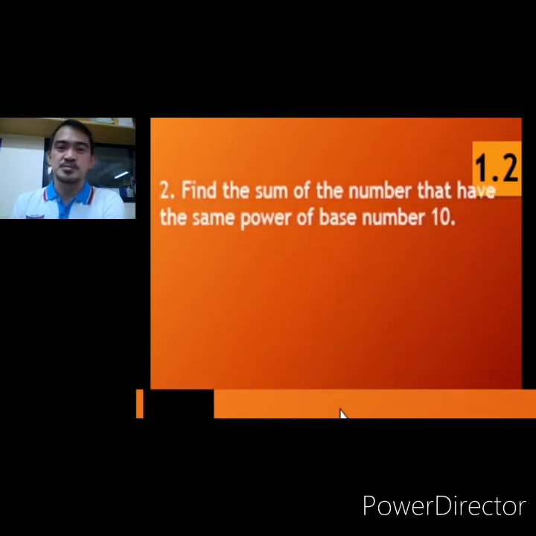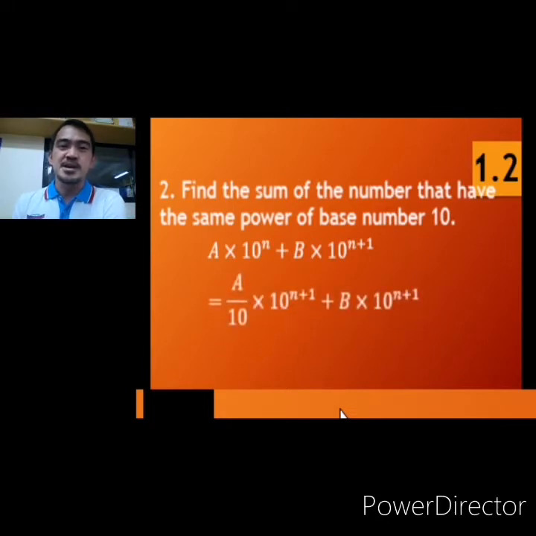Step number 2. Find the sum of the numbers that have the same power of base number 10. A times 10 raised to n plus b times 10 raised to n plus 1 is equal to a over 10 times 10 raised to n plus 1 plus b times 10 raised to n plus 1, equal to the quantity a over 10 plus b times 10 raised to n plus 1.